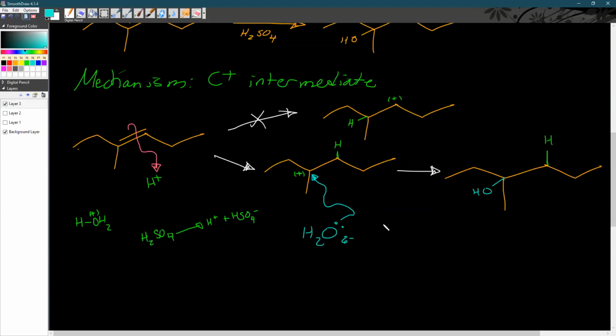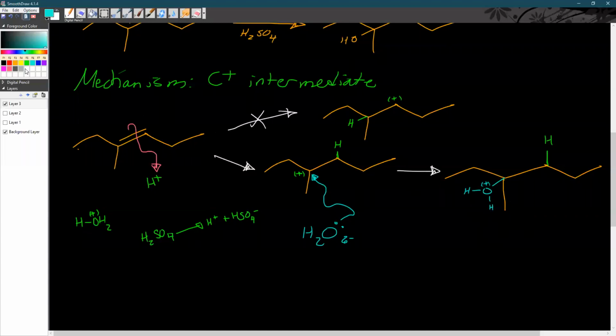No. This oxygen here has two hydrogens. We can't just suddenly drop one. We have to show where it went. And so this water adds in as a full water molecule, and we have to spend an additional step removing that hydrogen.